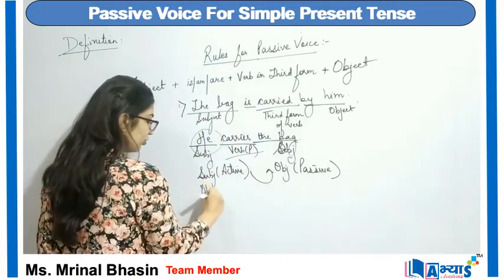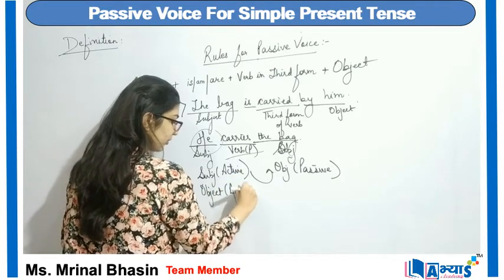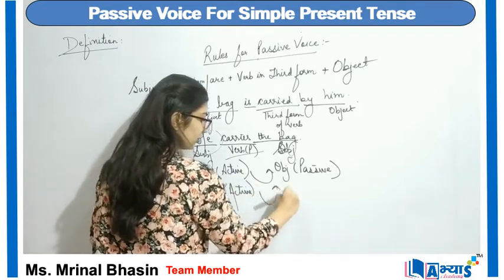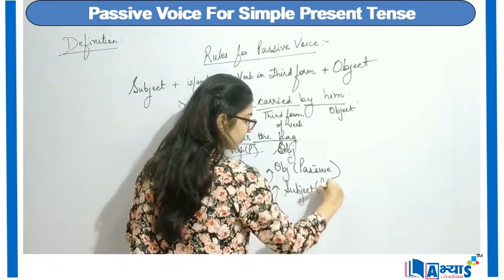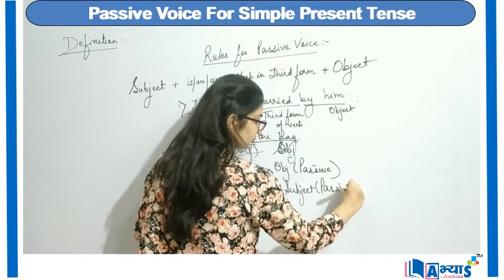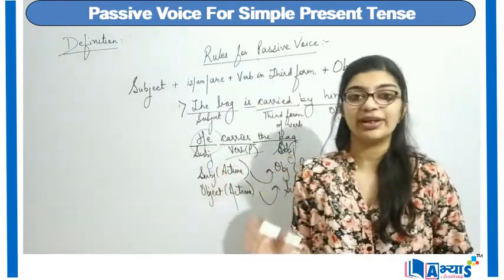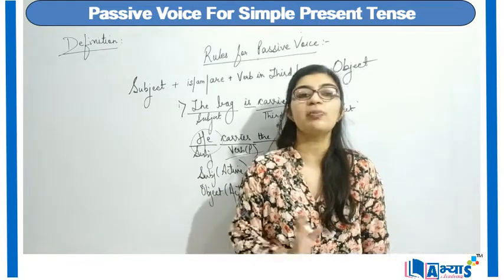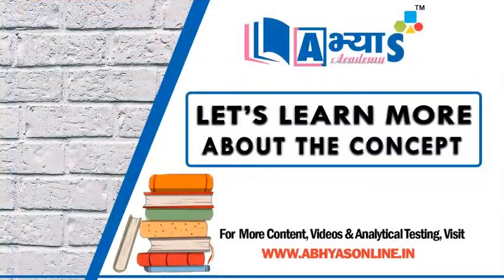Similarly, the object of active gets converted to the subject of passive. So this is a general rule of converting active voice into passive voice in simple present form.